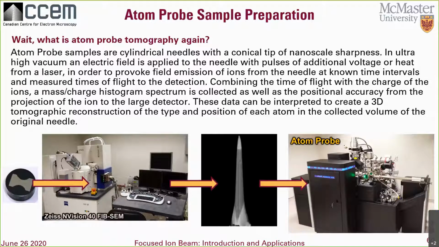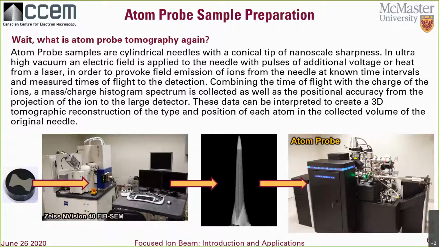So atom probe samples are cylindrical needles with a conical tip of nanoscale sharpness. In ultra-high vacuum, an electric field is applied to the needles with pulses of additional voltage or heat from a laser in order to provoke field emission of ions from the needle at known time intervals and measured times of flight to the detector.